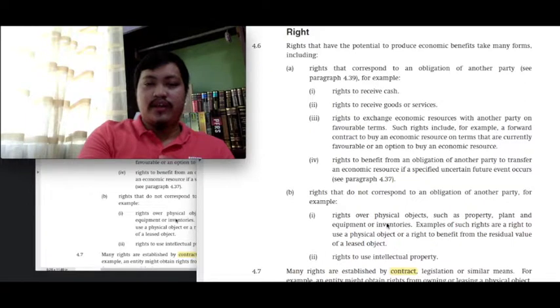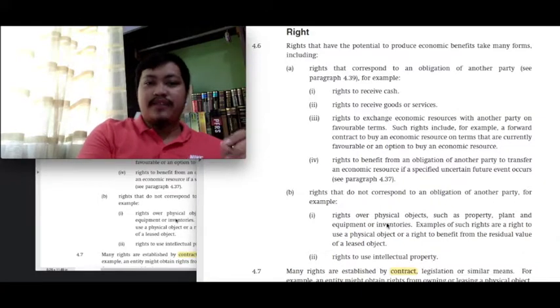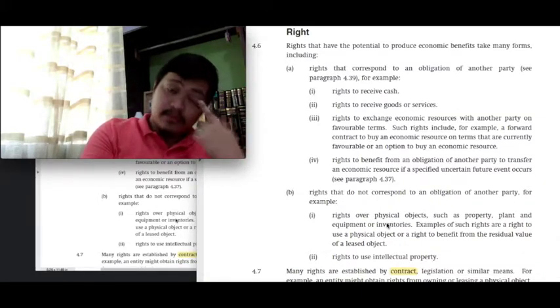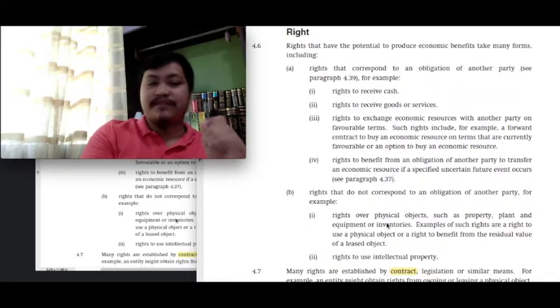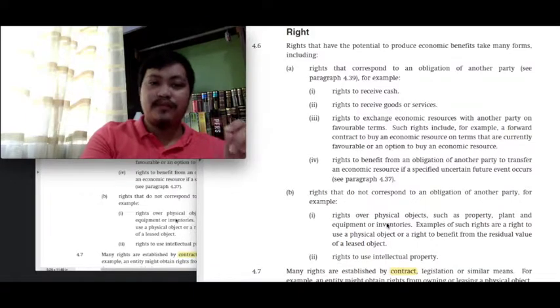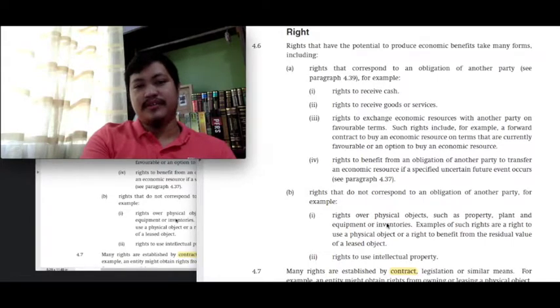Just to illustrate, class, going back to rights to receive goods or services. You can have this asset, advances to suppliers, as a result of a past event. And what past event am I referring to? The fact that you made payments in advance to your suppliers.